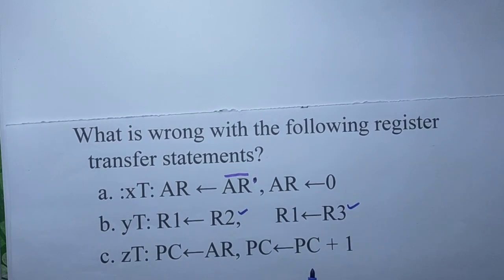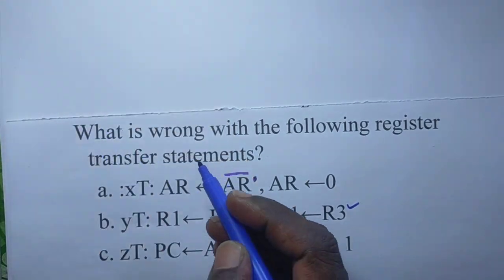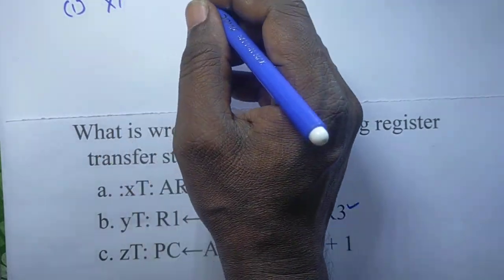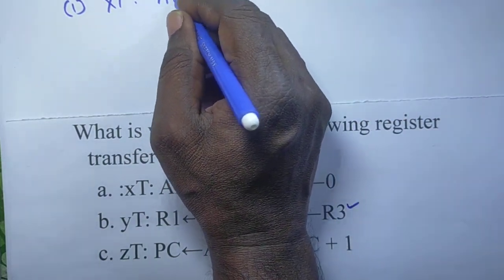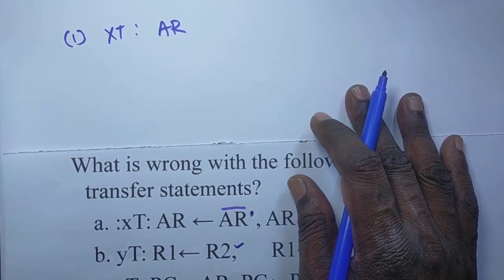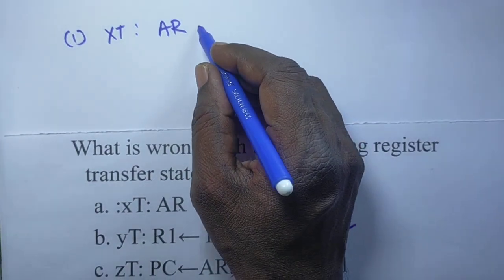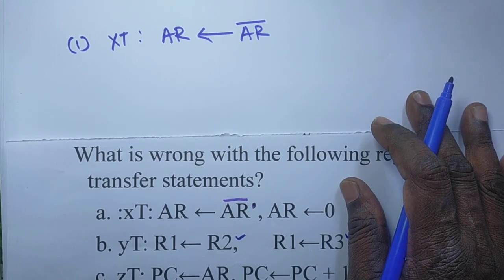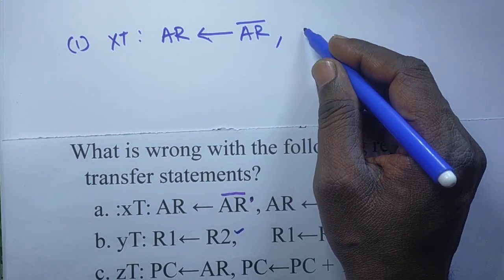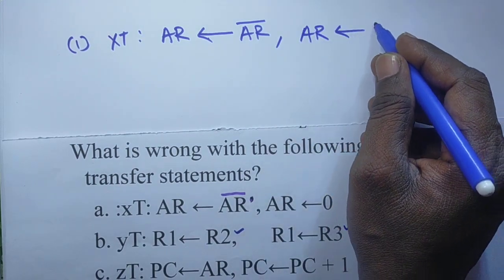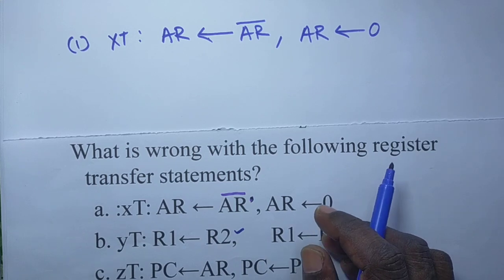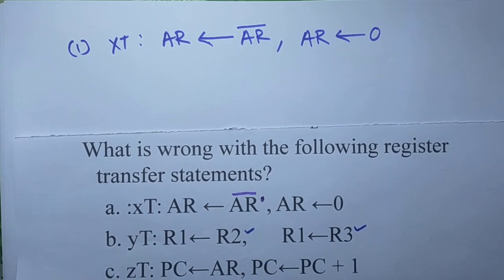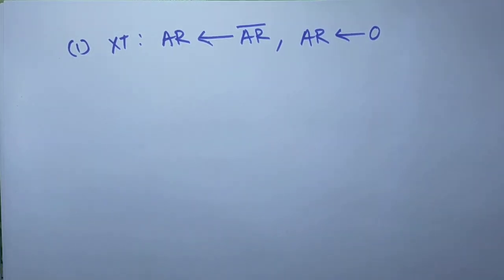So first case, case 1: suppose xT shows that AR complement transfers the data, and at the same time AR also receives zero data. Is it correct or not? If you analyze this part, the first one is a complement.